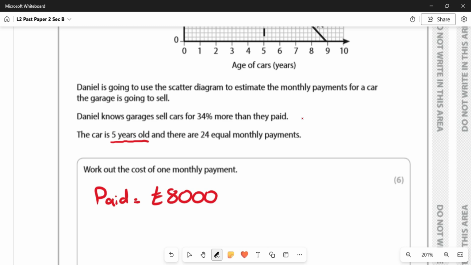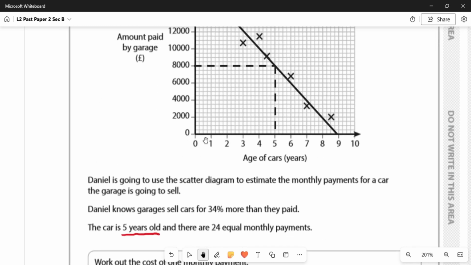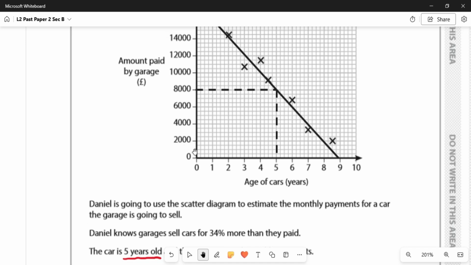Like I said before, in the mark scheme for this question, if you get between 7,500 and 8,500, they will accept that. Anything less than that or above that range, they wouldn't accept, unfortunately. So just be very careful with the scale as well. It's going up in 1, 2, 3, 4 little squares between 0 and 2,000, so it's going up by 500 each time, which is a lot of difference between each tiny increment.